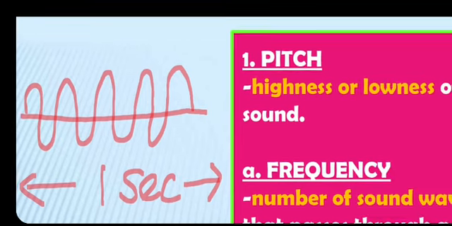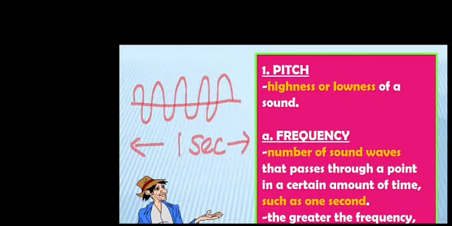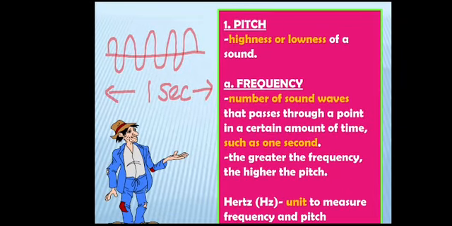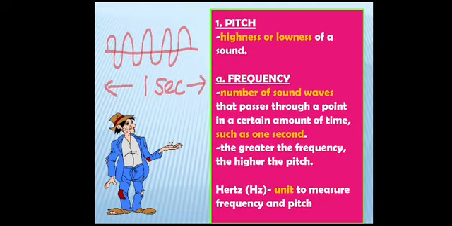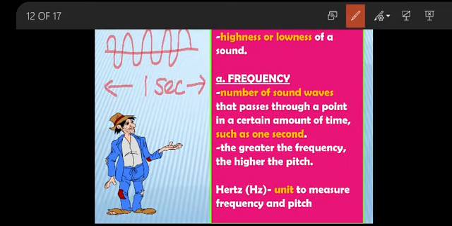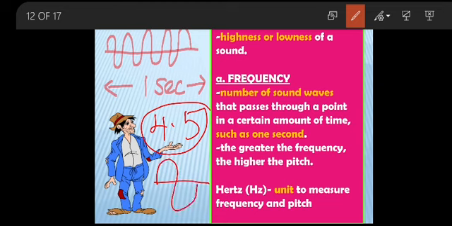1, 2, 3, 4, 4.5. 4.5 waves I have drawn here. 4.5 oscillations are drawn here. So a wave means one up and down. Like that, similar waves I have drawn 4 times and I have stopped with one up alone.